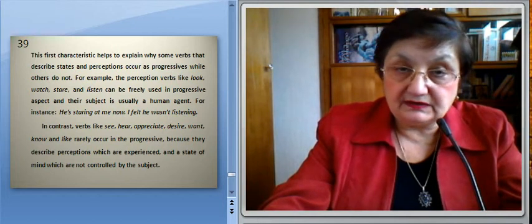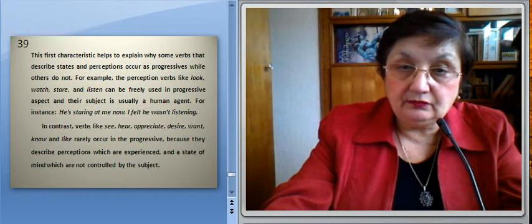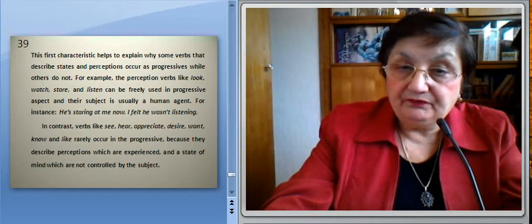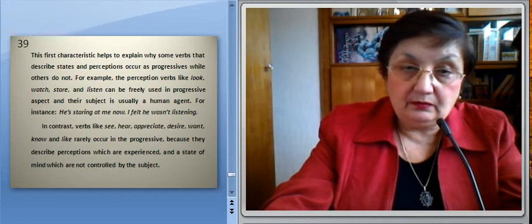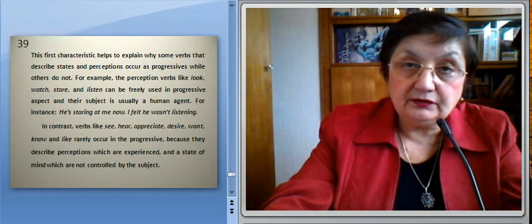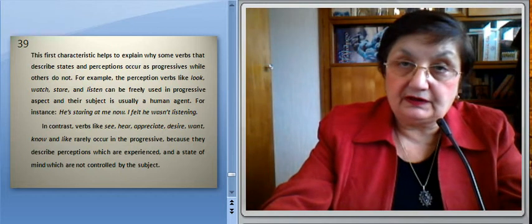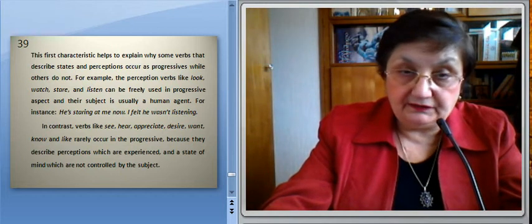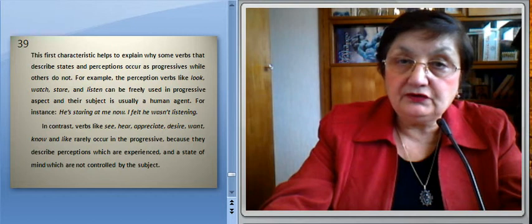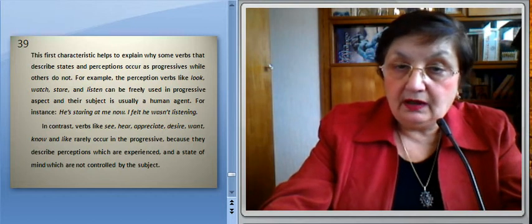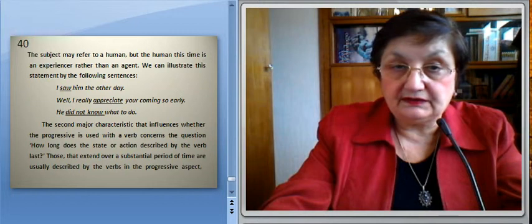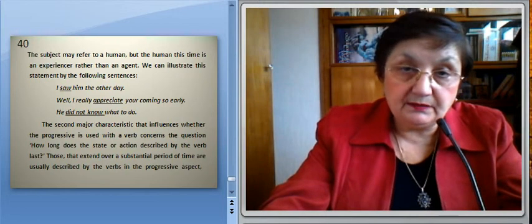The subject may refer to a human, but the human this time is an experiencer rather than an agent. We can illustrate this statement by the following sentences. "I saw him the other day." Or, "Well, I really appreciate your coming so early." Or, "He did not know what to do."